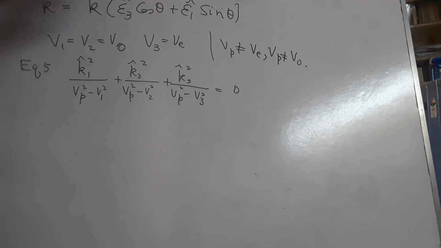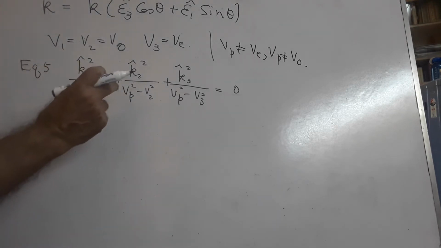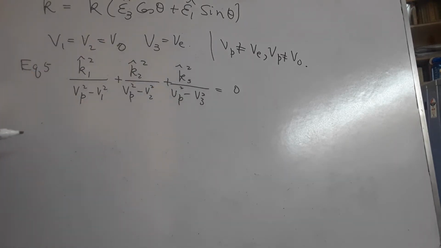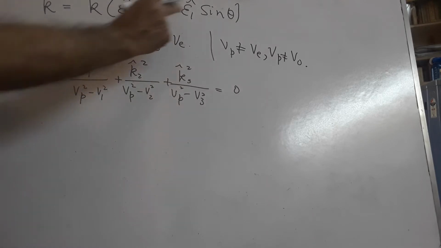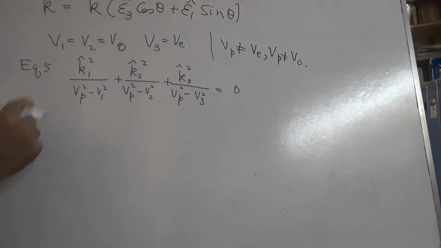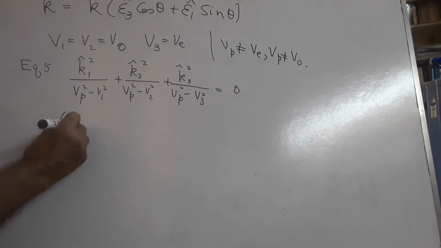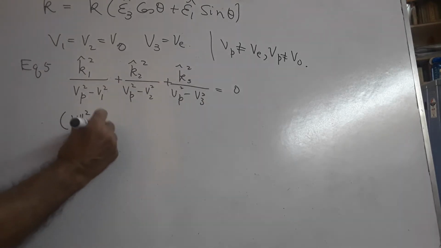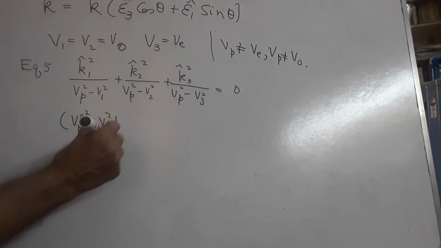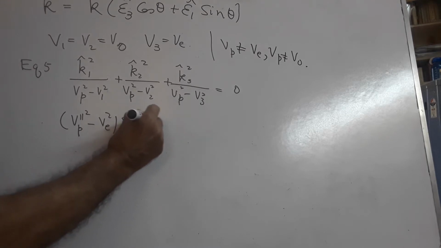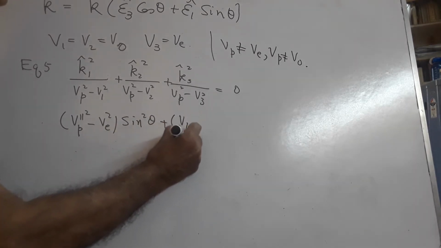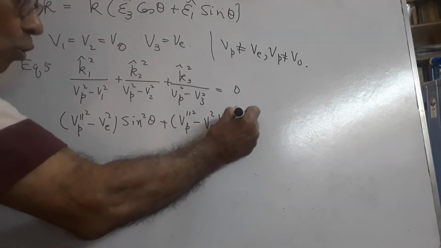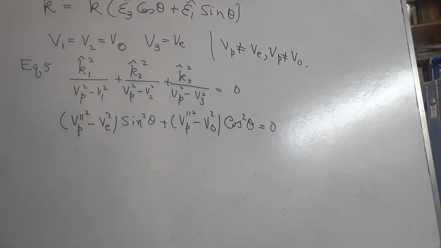Okay. So here notice there is no K2, K2 is 0. So I have only these two terms. I can cross multiply and write down for K1 K sin theta and cos theta. So you will just get, I will write down for Vp double prime squared minus V3, which is Ve squared, and for K1 it is sin squared theta, plus Vp double prime squared minus Vo squared cos squared theta equal to 0.